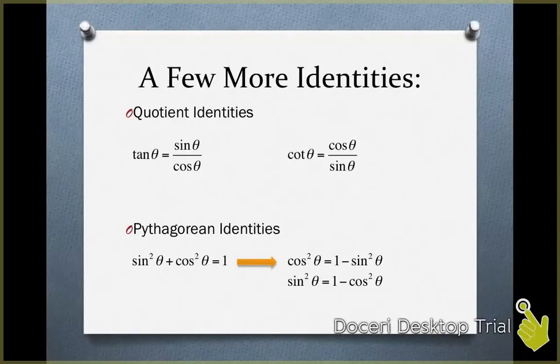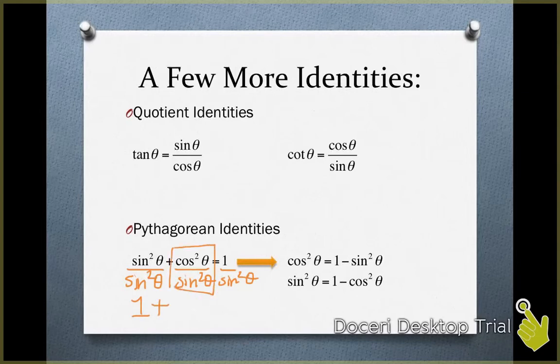Okay? We can also modify our Pythagorean identity by dividing everything by the same denominator. So let's say we divide everything by sine squared theta. So all three terms here get divided by sine squared theta. Well, what happens then is that this becomes 1.